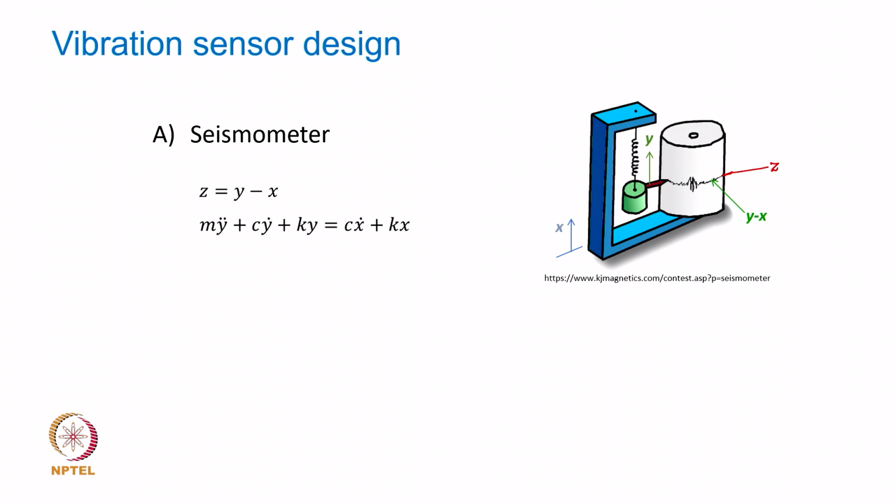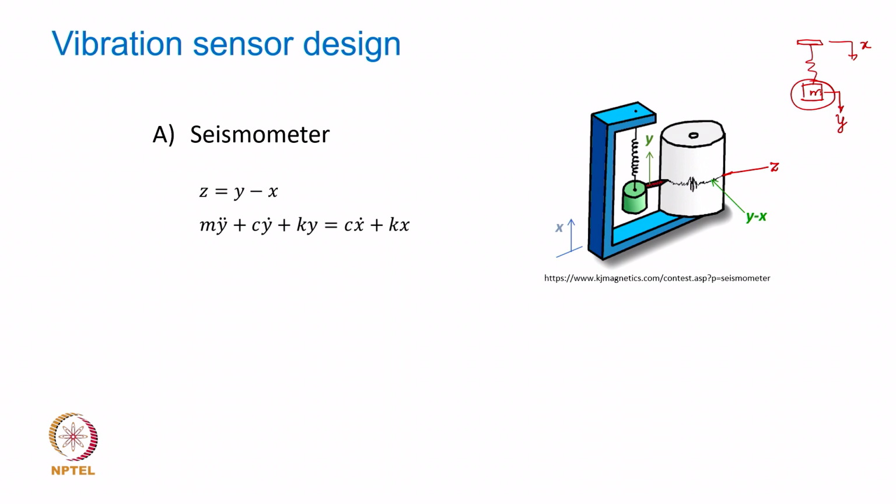This is exactly the equation that we got. This is going to be the same one, because the frame on which it is hung is itself moving with x, and for this mass the absolute motion is y. Therefore, if you take a free body of the mass here and write all the forces, this is how the equation of motion will turn out to be.